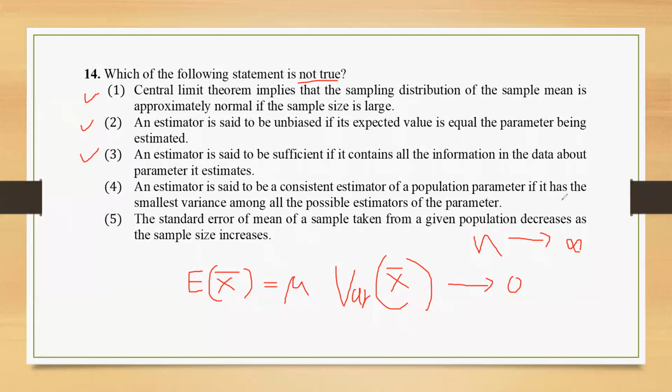Then we say the particular estimator is a consistent estimate. අන්න ඒ වගේ අවස්ථාවකදී අපි කියනවා estimate එක consistent කියලා. ඒ නිසා the fourth one is false.